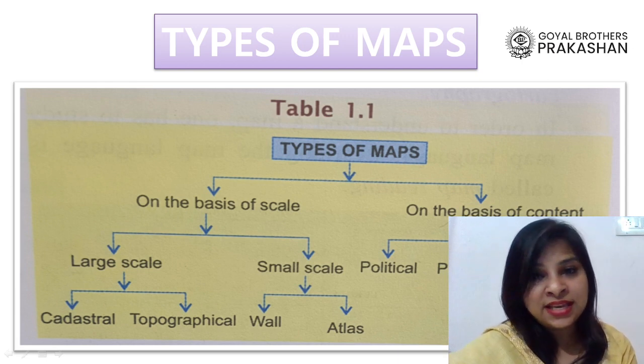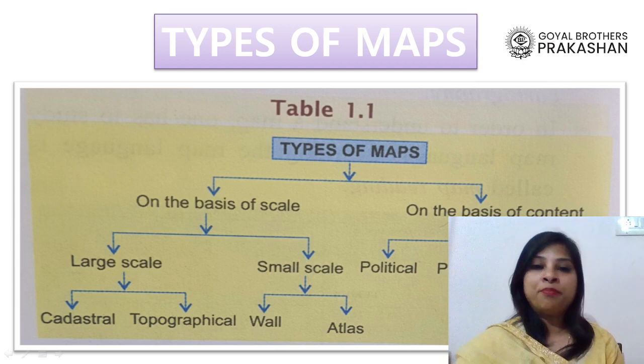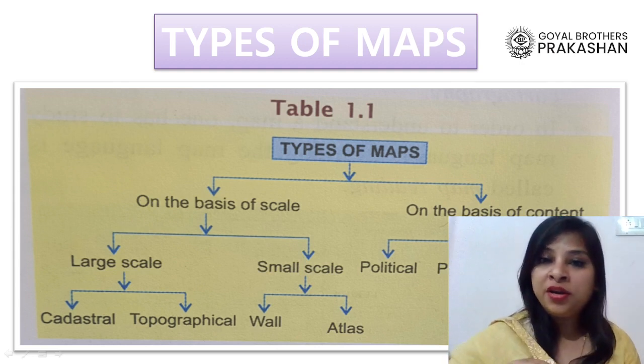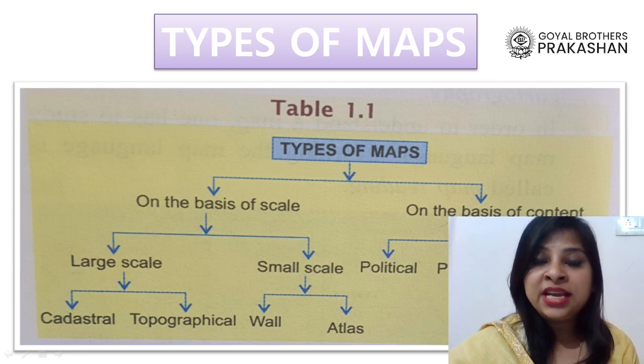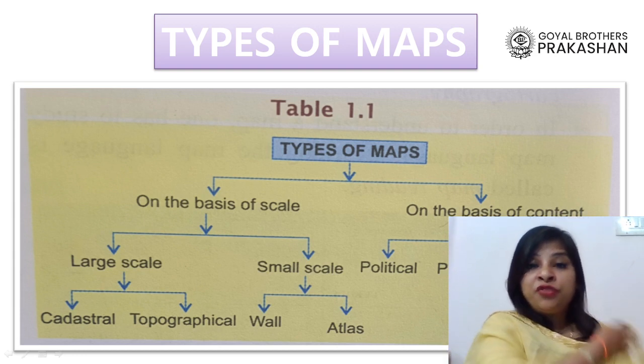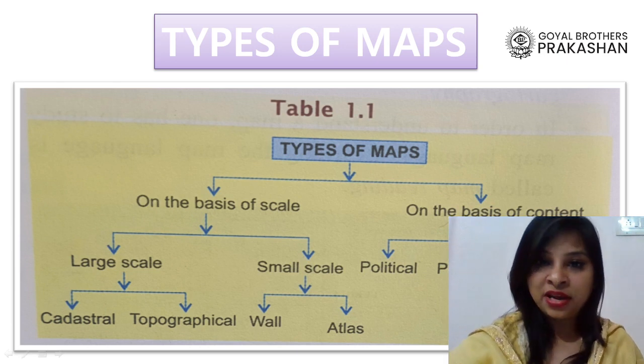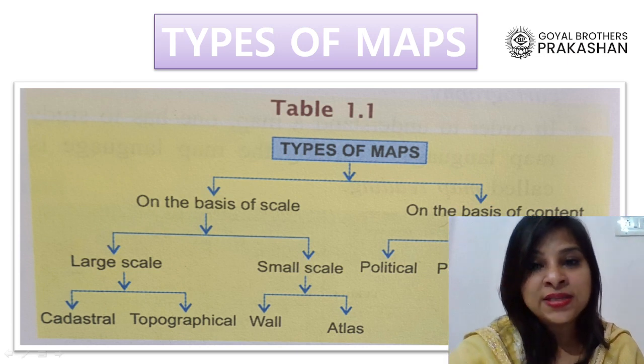Now what is a large scale map? A large scale map is a map which shows a smaller area but gives detailed information about that small area, a large amount of information about that small area. For example, your city map.